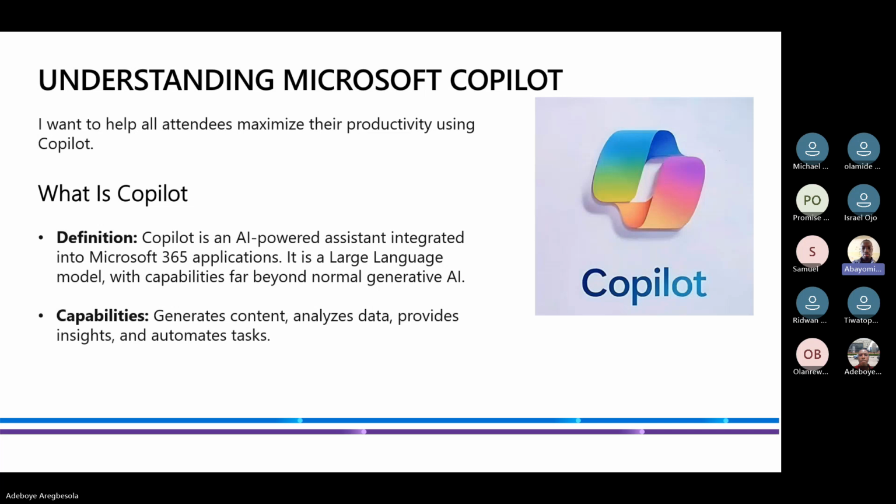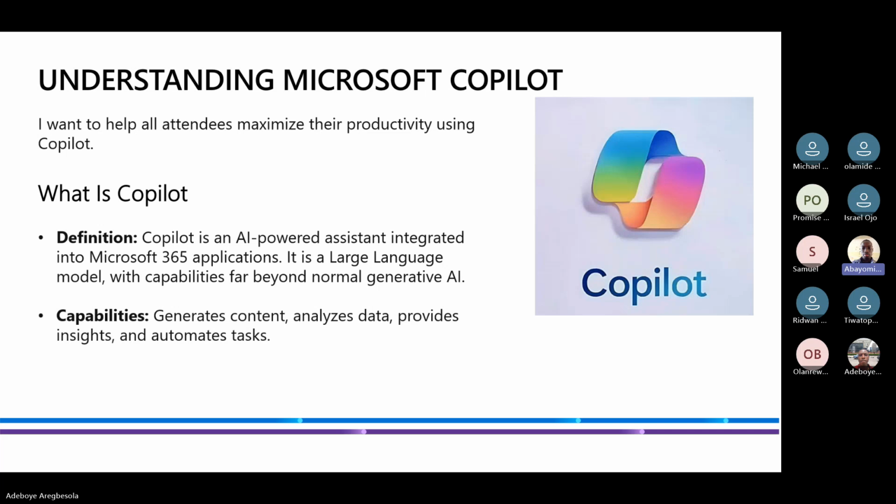So what about this capability? You can generate content with it. You can analyze data with it. You can get insights, and it can automate tasks. These are some of the key concepts of what it can do. It can help you generate content depending on the exact content you are trying to generate.